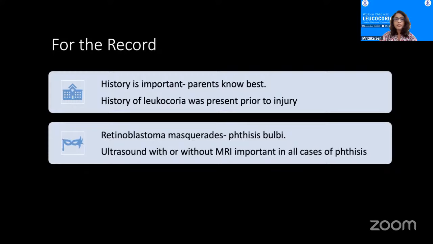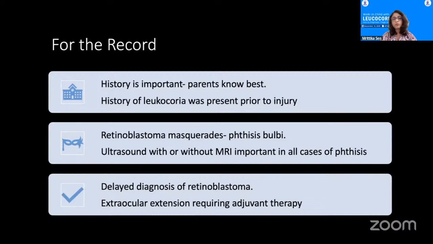Phthisis bulbi is a masquerade for retinoblastoma. It is important, especially in a child, to rule out retinoblastoma with an ultrasound, and if it's not clear on an ultrasound, to resort to imaging in the form of MRI as well as CT scan when required. This is extremely important because we don't want to do anything like an evisceration in cases with an unsuspected retinoblastoma.